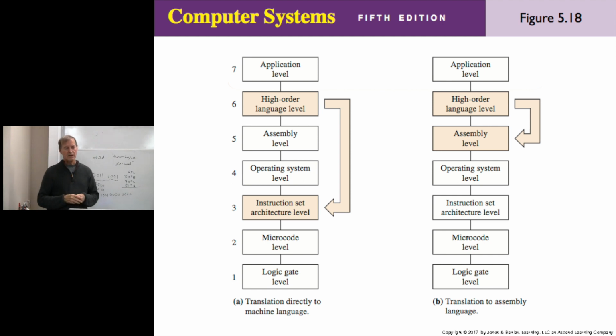Okay. So our job now is to see some simple C programs and understand how the compiler translates from level HOL 6 down to assembly level.